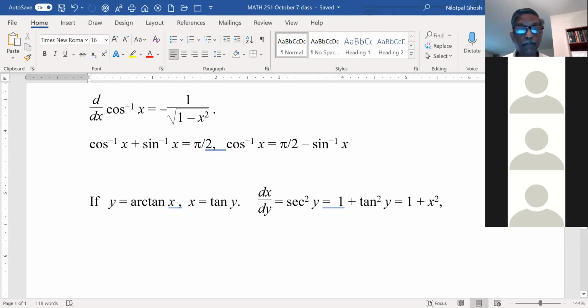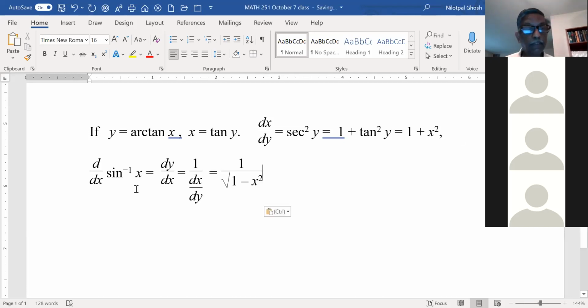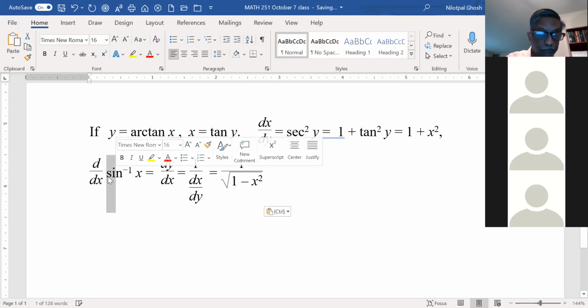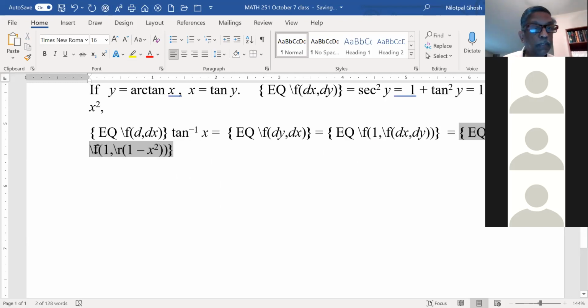So here we are. After that, we got tan inverse x equals, and this will change to 1 over 1 plus x square. Okay, so we get rid of the square root sign.